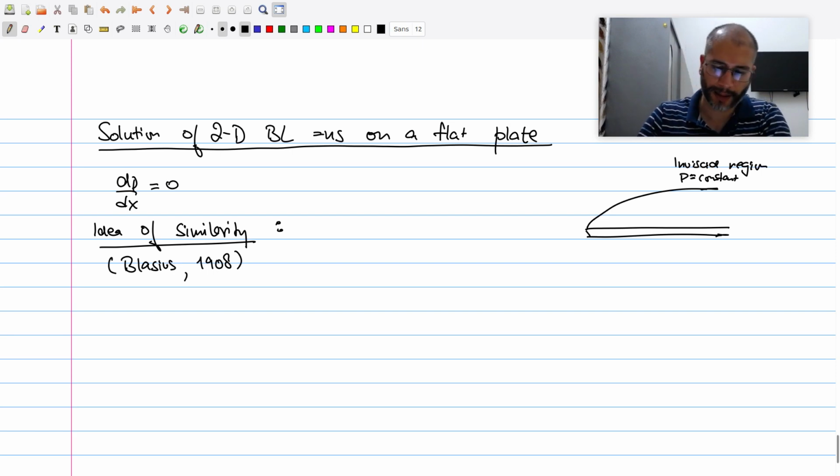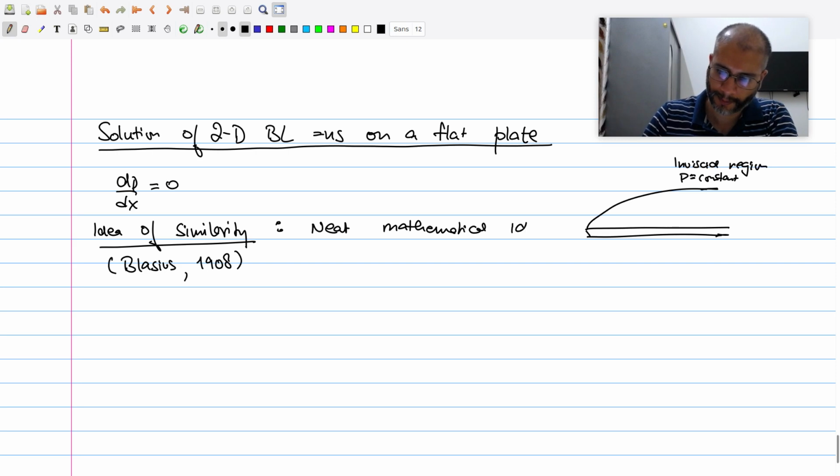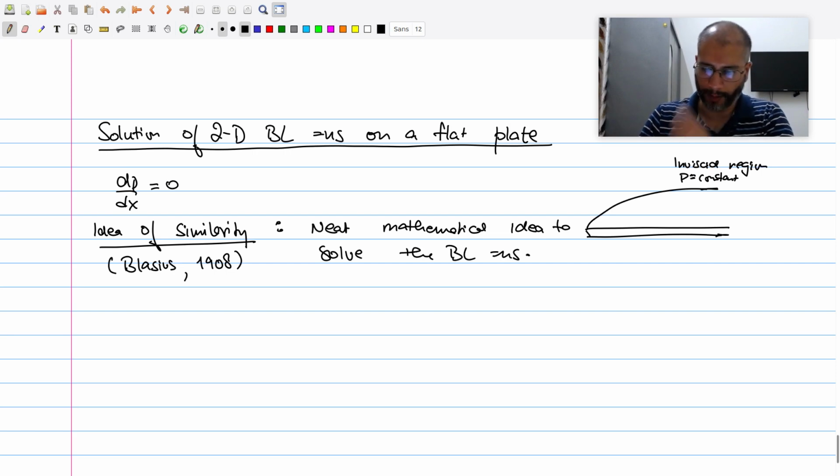It's a very neat mathematical idea to solve the boundary layer equations, and other kinds of equations as well. So we will discuss the ideas that Blasius used in his 1908 dissertation.